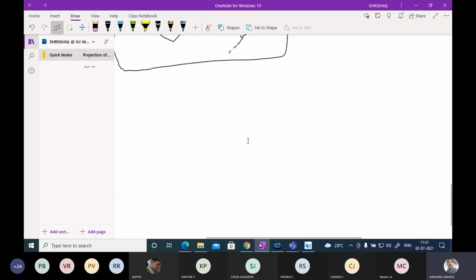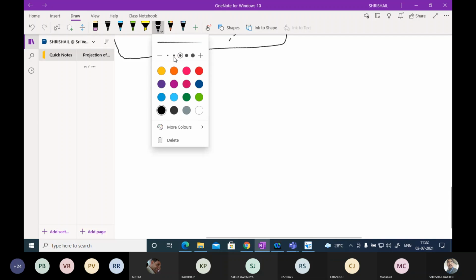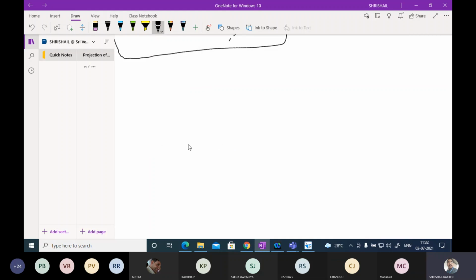Now let me do this problem, a simple sketch work. Let me draw the XY line first. On this side only I will be writing X, vertical plane, horizontal plane.